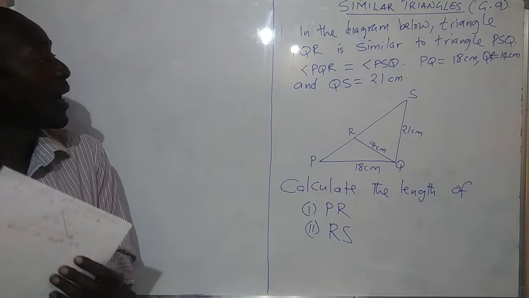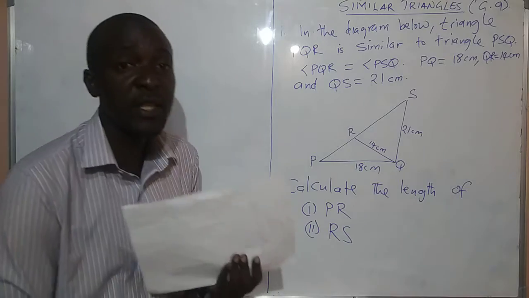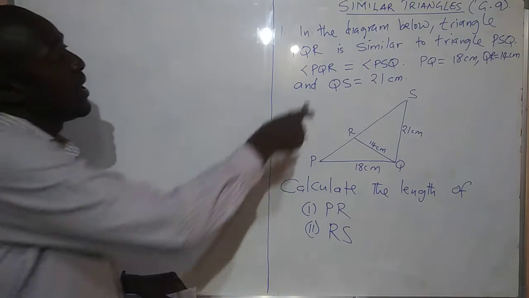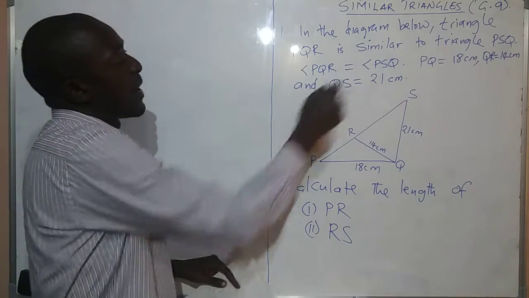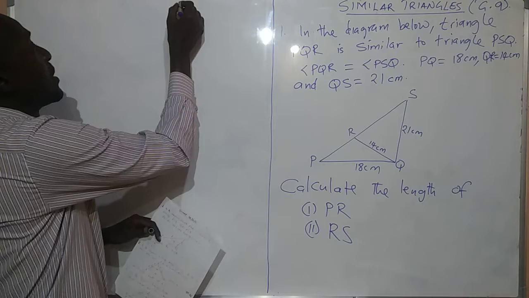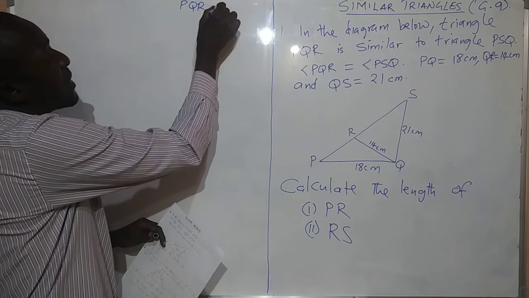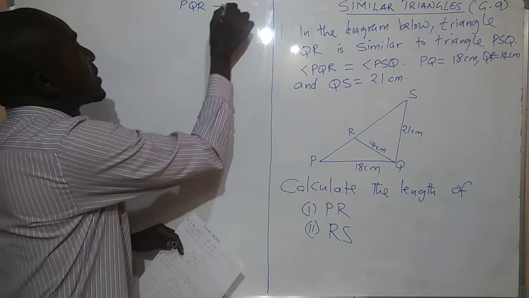So here are some questions on similar triangles. The first question says, in the diagram below, triangle PQR is similar to triangle PSQ.